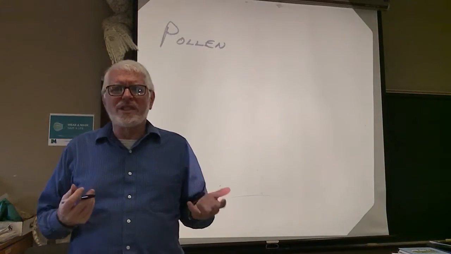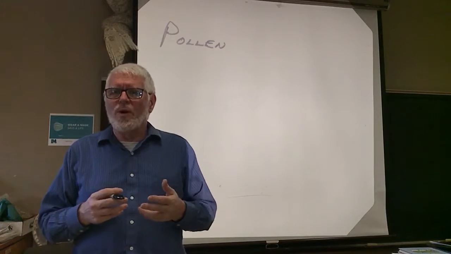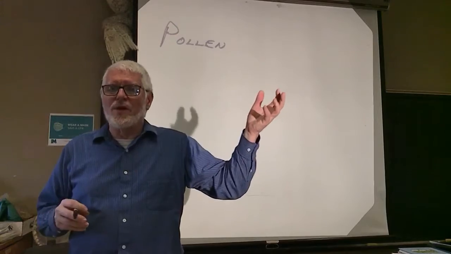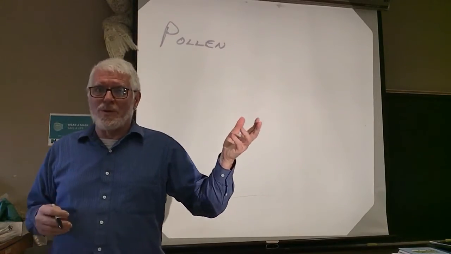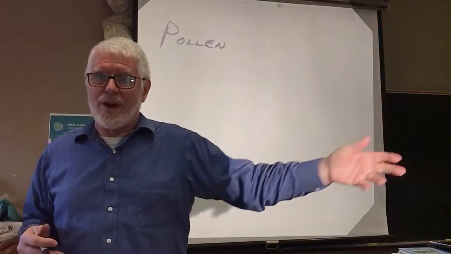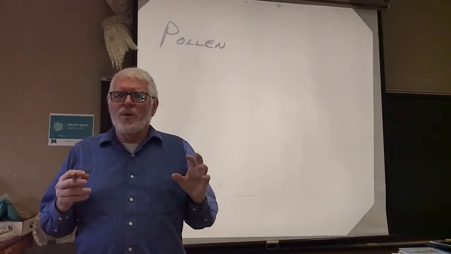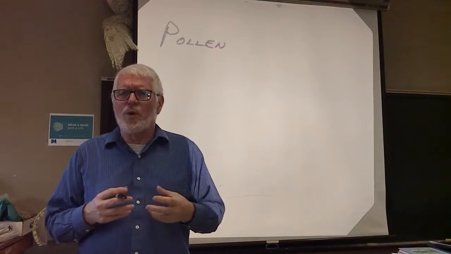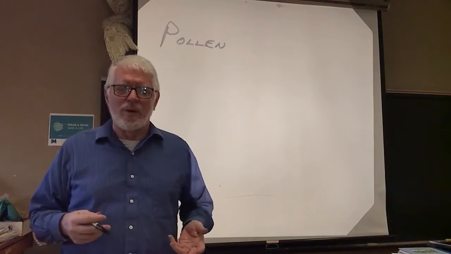So what's a spore? Well, a spore is a casing to allow a little asexually produced reproductive structure to transfer through the air. So pollen can build on that. Pollen is basically a spore casing around something that's not a spore.